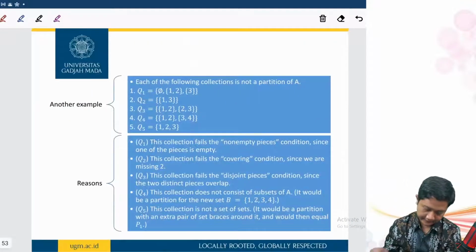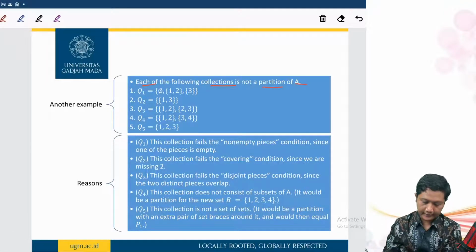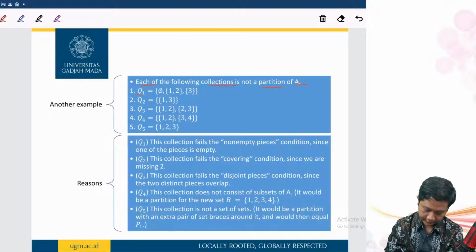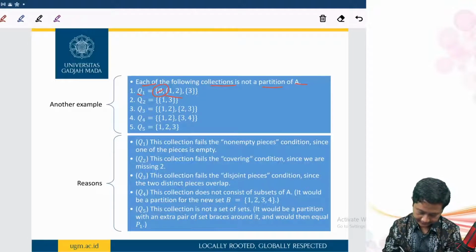And the next ones are not partitions of A. Why? For example, this one, Q1, has an empty set, so it cannot be. And the second one, we have 1, 3, but 2 is not there, correct? It's not in any of them, so it's not covering. And how about the third?